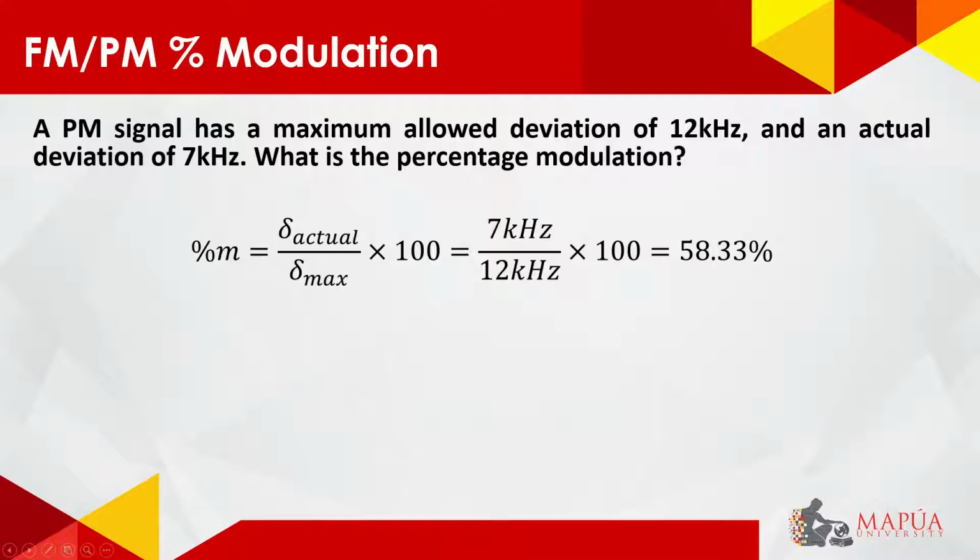Basically, to get the percent modulation, we get the actual deviation over the maximum allowed deviation, which is 12 kHz, times 100. 7 kHz over 12 kHz times 100 equals 58.33%.